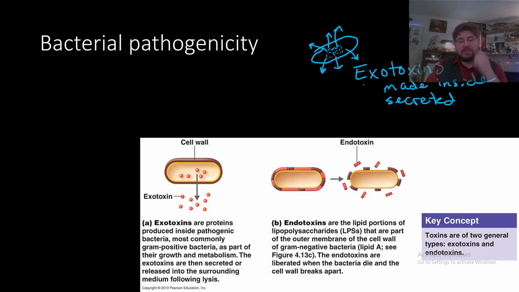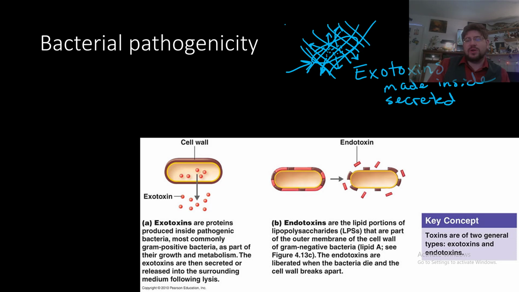So exotoxins can be pretty rough, but when it comes to treating diseases caused by exotoxins, there are some good things, and that's that once you kill the pathogen, once you kill the bacteria producing that exotoxin, murder, kill, you stop exotoxin production.